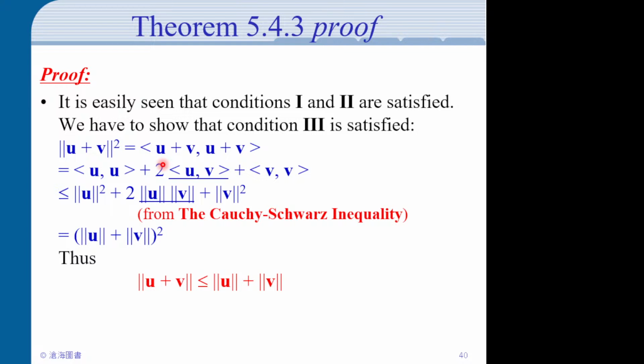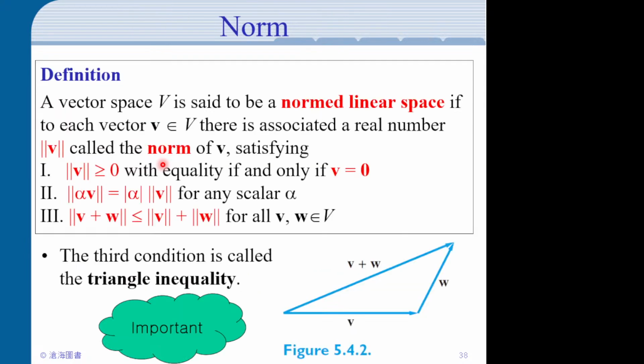Properties 1 and 2 are kind of skipped, but let's say a little more. Property 1 follows from the first property of inner product, and 2 can be easily gotten from the linearity.